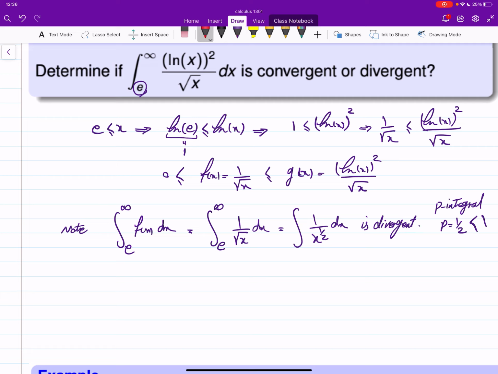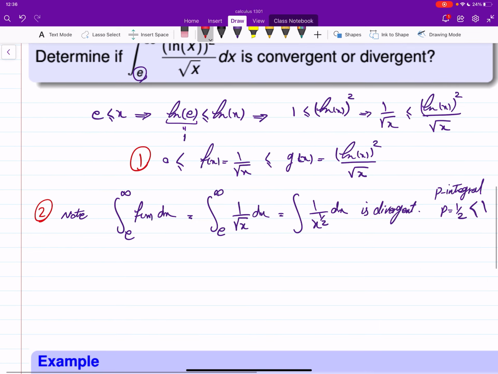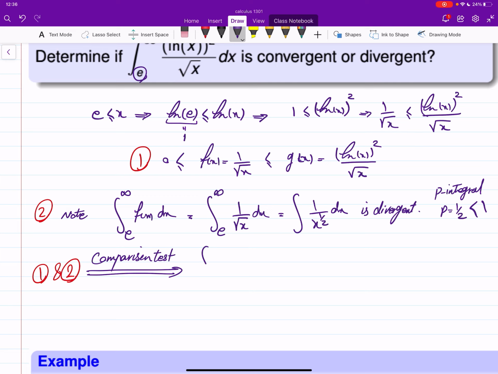So now we have our function bigger than a p integral, which is divergent. So by the comparison test, our integral is going to be a divergent integral.